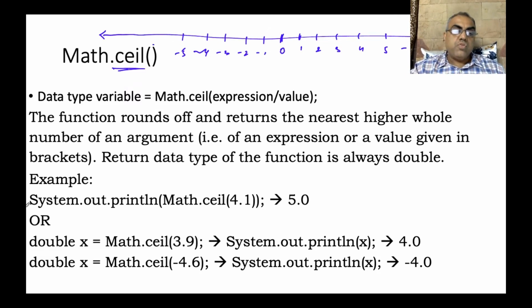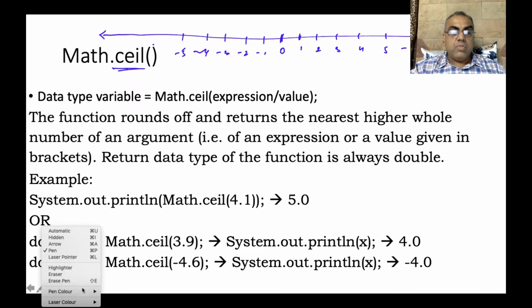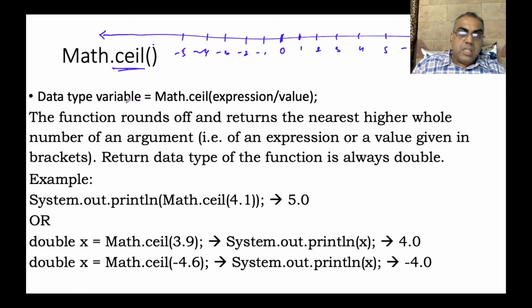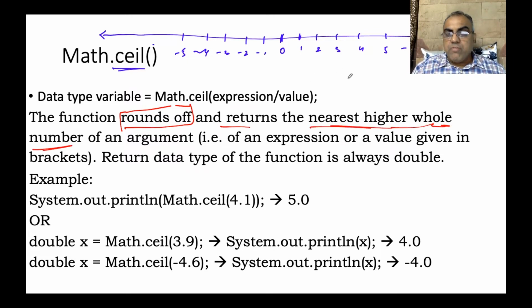So assuming that you have a number, its ceil value is the greater value. So what is this ceil value now? The ceil value is going to round off your number and return the nearest higher whole number, whichever is the nearest higher from the point where I am going to write.